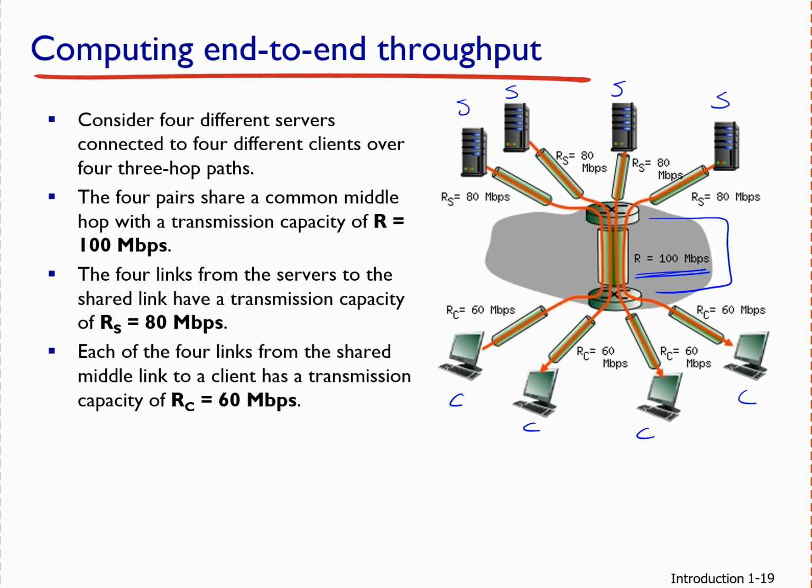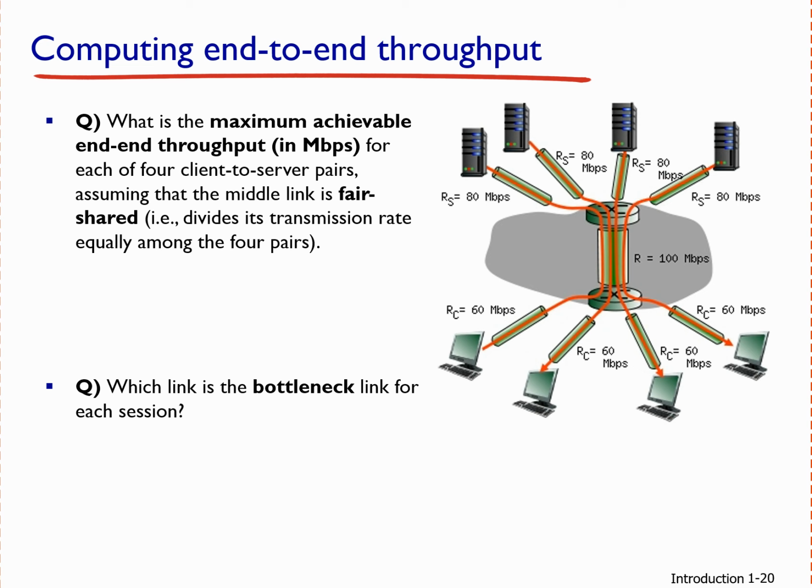The 4 links from servers each have a link bandwidth of 80 megabit per second. All the links on the other side, from the router to the client, have 60 megabit per second as a transmission capacity. Now the question is, what is the maximum achievable end-to-end throughput in megabit per second for each of the 4 client-server pairs, assuming that the middle link is fair shared.